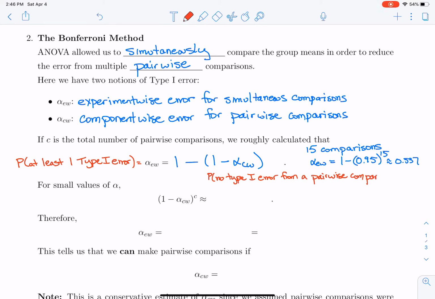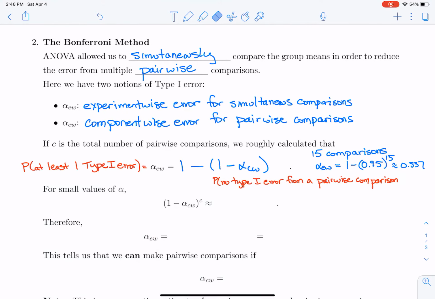And we assumed that those pairwise comparisons were independent. And so we took those to the 15th power when we were doing 15 comparisons. So we'll take them to the c power here.